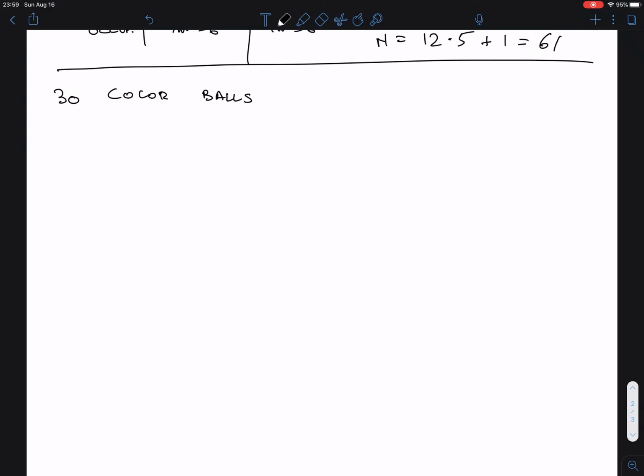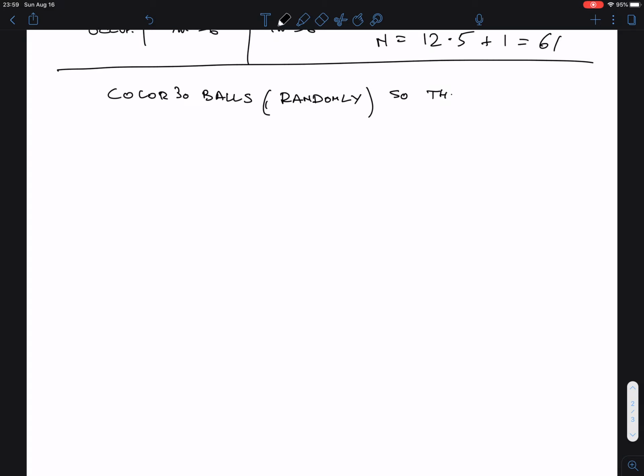I'm going to take 30 of these balls and we're going to give them a color randomly. Something else, a machine is doing this for us, randomly choosing a color, so you cannot just take a ball and make it happen, okay?